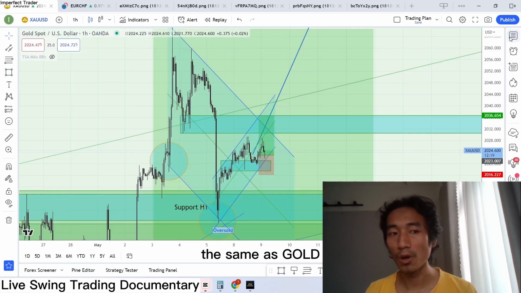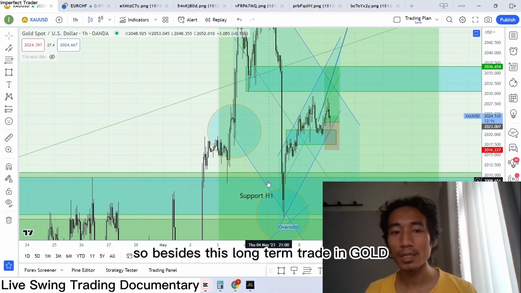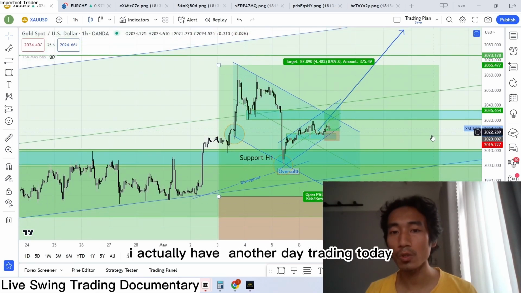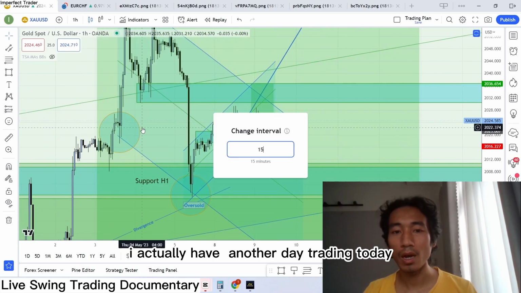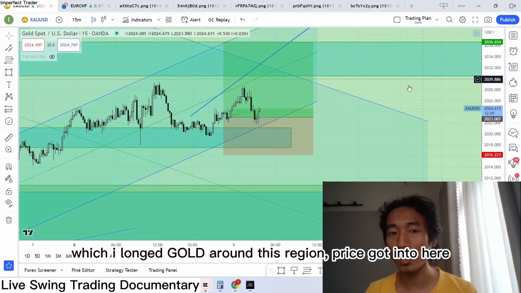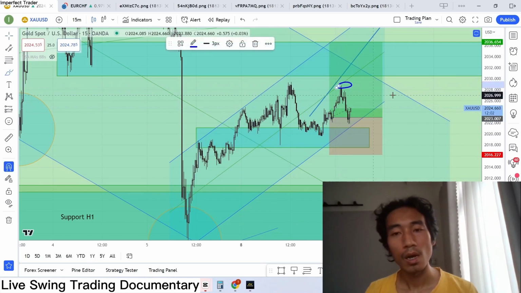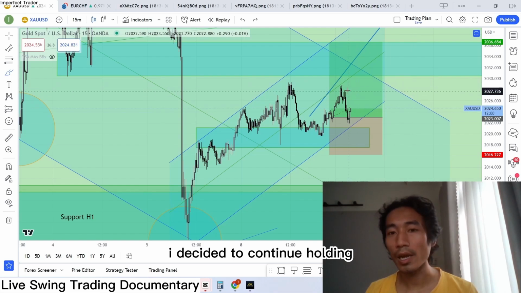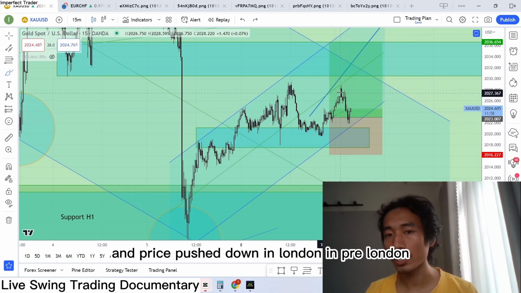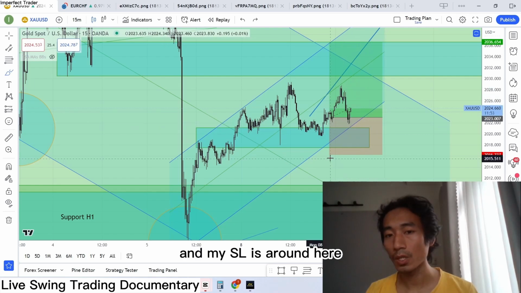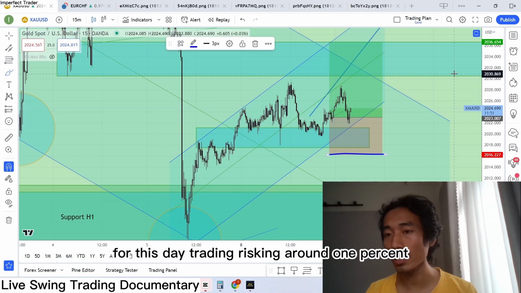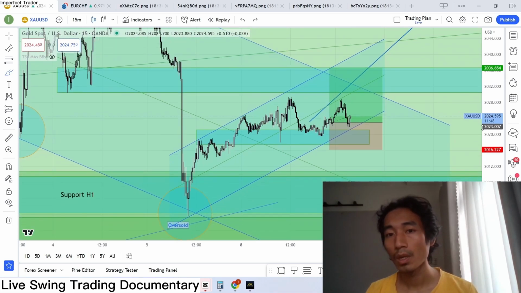The same as gold. So besides this long-term trade in gold, I actually have another day trade today, which I longed around this region. Before I got into here, I decided to continue holding as price pushed down in London, in pre-London, and my stop loss is around here for this day trade, risking around 1%.